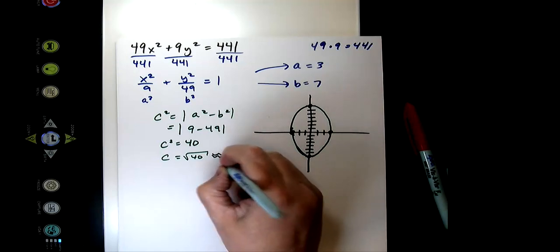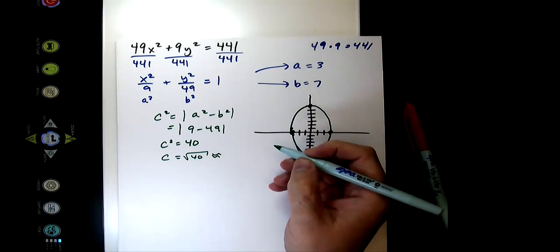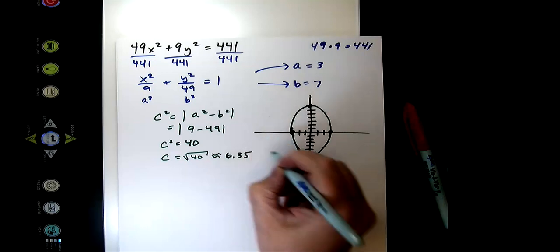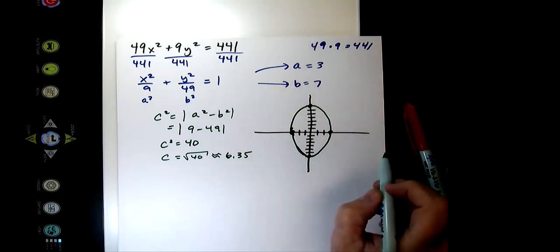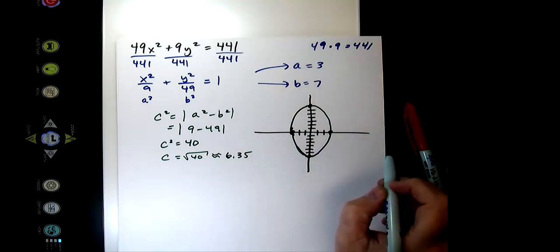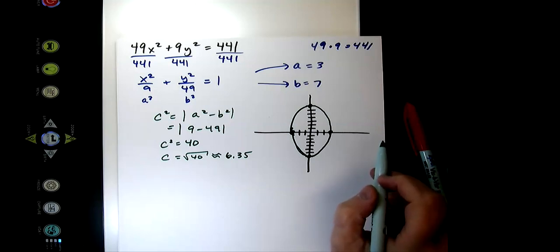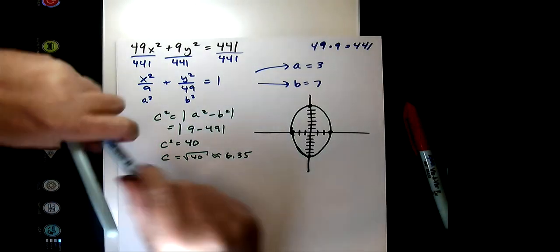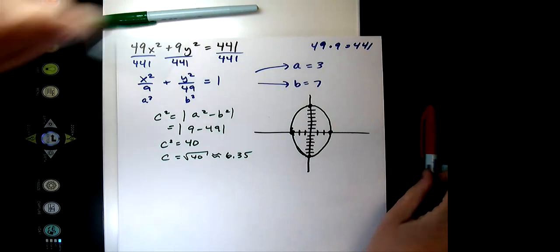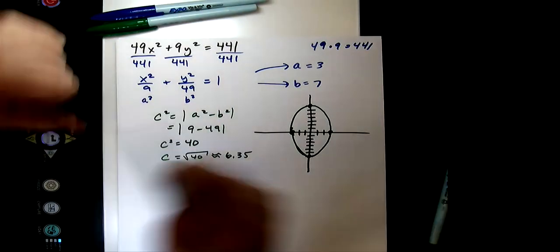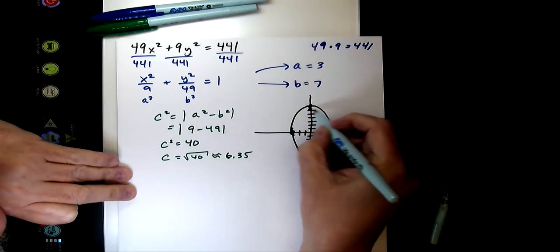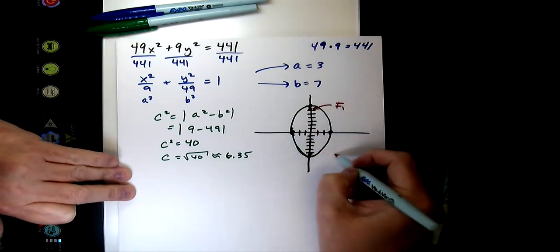I'm going to guess maybe 6.35 or something like that. 6.32? Not a bad guess. I'm always going to guess to like the half, that 5 in there somewhere. So, way out here. So F1, F2.